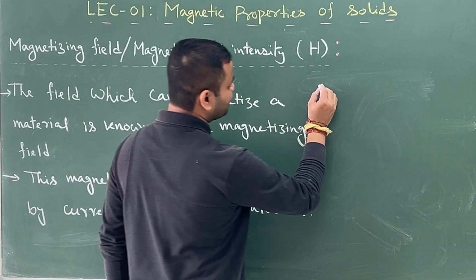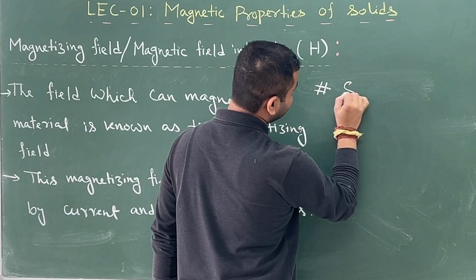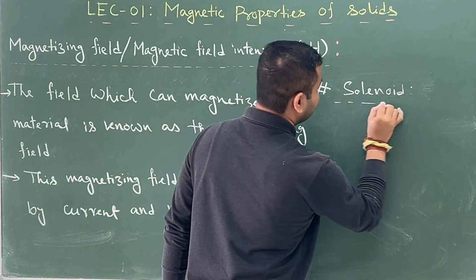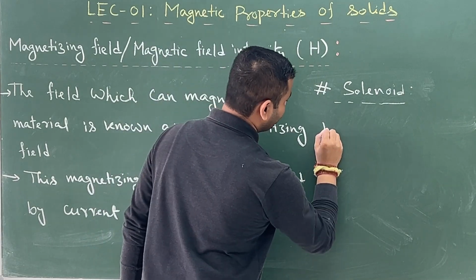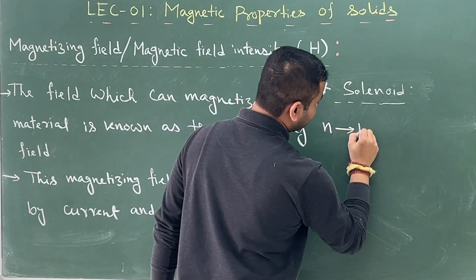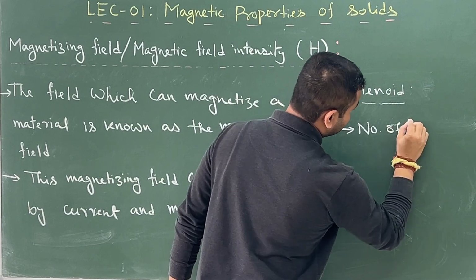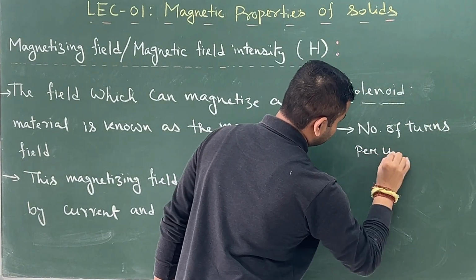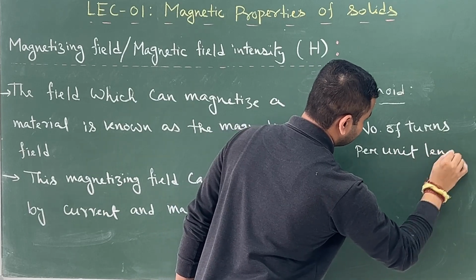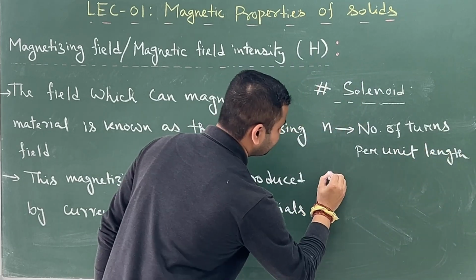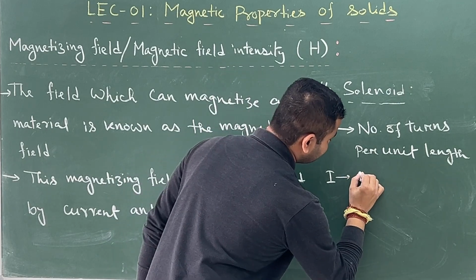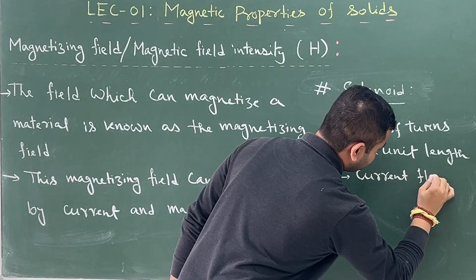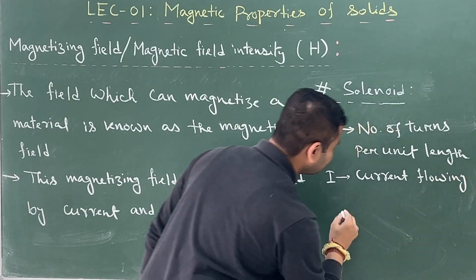For example, suppose we have a solenoid. And we assume that for this solenoid, n is the number of turns per unit length, and I is the amount of current flowing through this solenoid.